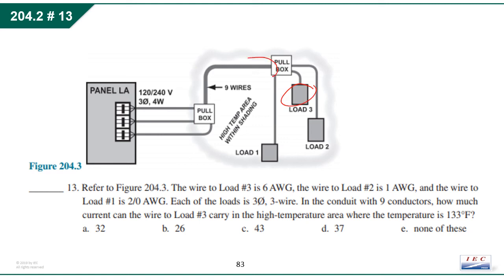High temperature area right here is what I'm worried about for this conduit, for this question, because we're only looking in the conduit with 9 conductors. How much current can wire to load number 3 carry in the high temperature where the temperature is 133 degrees Fahrenheit? So I'm looking at these 9 conductors, load number 3, high temperature area. It's a 6 gauge wire, and I'm considering only this area here.